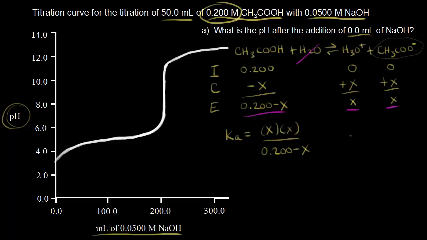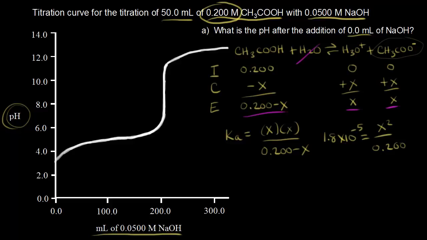So we can rewrite this. Let's rewrite it over here. So we have x squared now over 0.200. This is equal to Ka, and Ka for acetic acid is 1.8 times 10 to the negative 5.